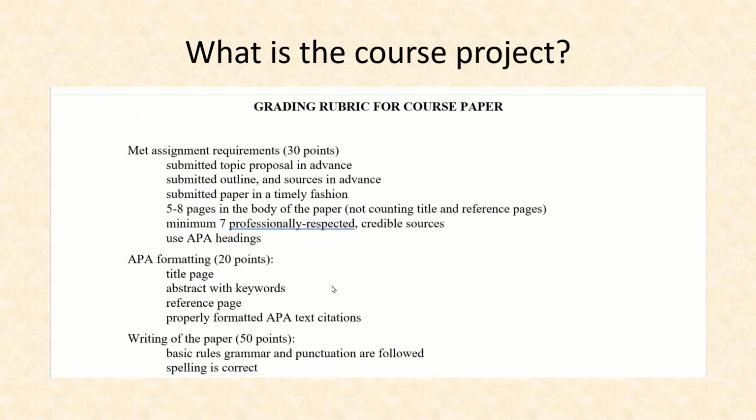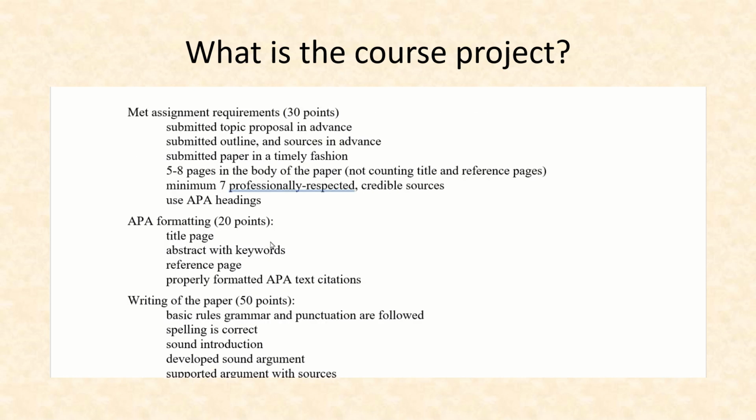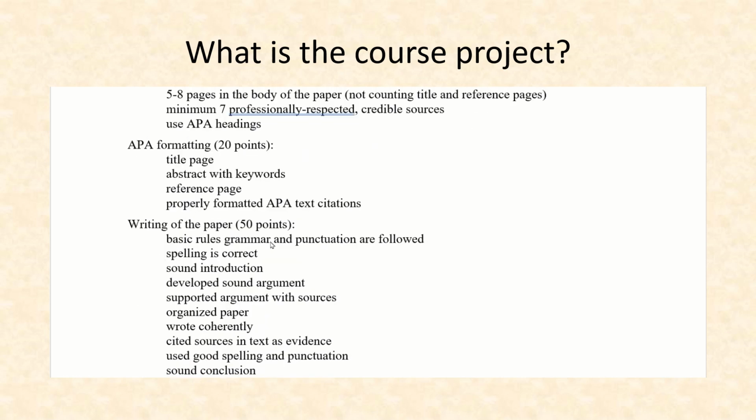In this document, I also have the grading rubric that we're going to use for this paper. So notice we're going to have one category in which you're meeting all the requirements, like the length of pages and the minimum number of sources and so on. And then APA formatting will be another area, because professionals in our field need to be able to demonstrate proper use of APA formatting.